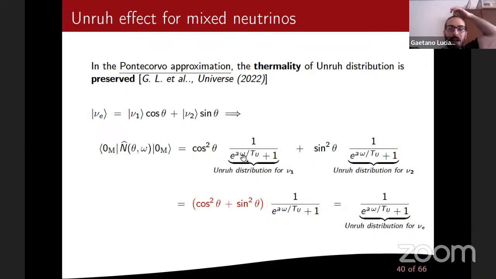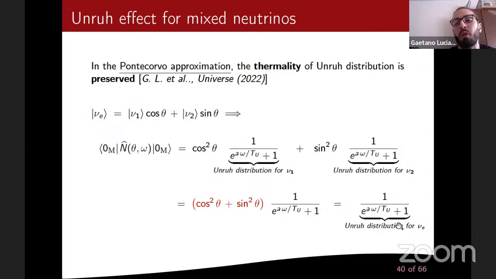But consider that this omega, which is the Rindler frequency, gives the standard Planckian spectrum, the standard Fermi-Dirac distribution. The frequency which appears in the Unruh spectrum does not depend on the mass of your object. So in principle, this is equal to this, and you can factorize this thermal distribution. This is unity, and you recover the standard Unruh distribution.